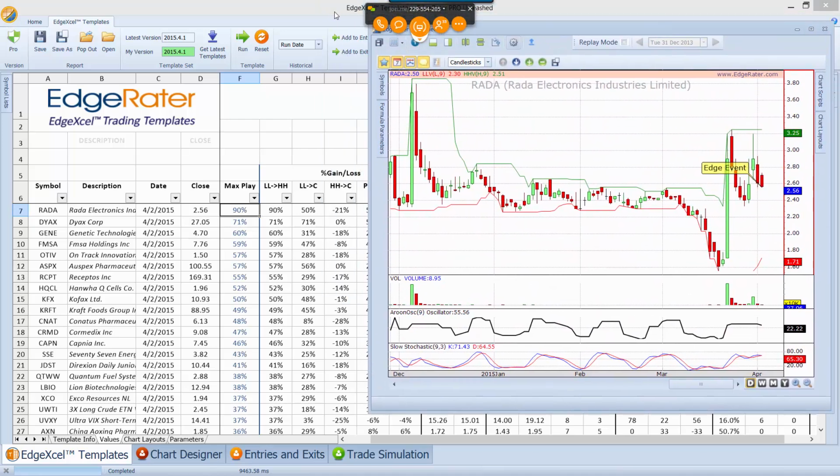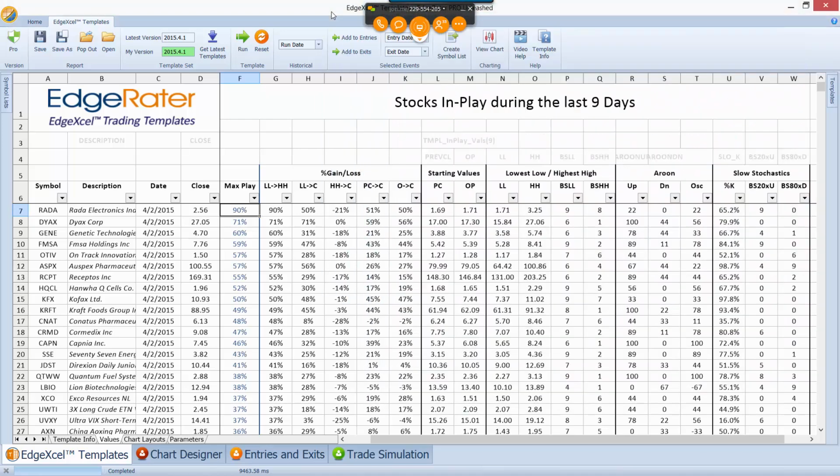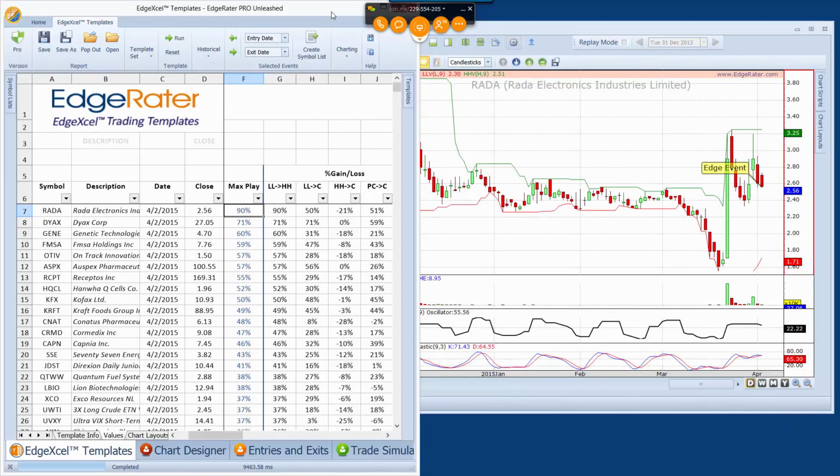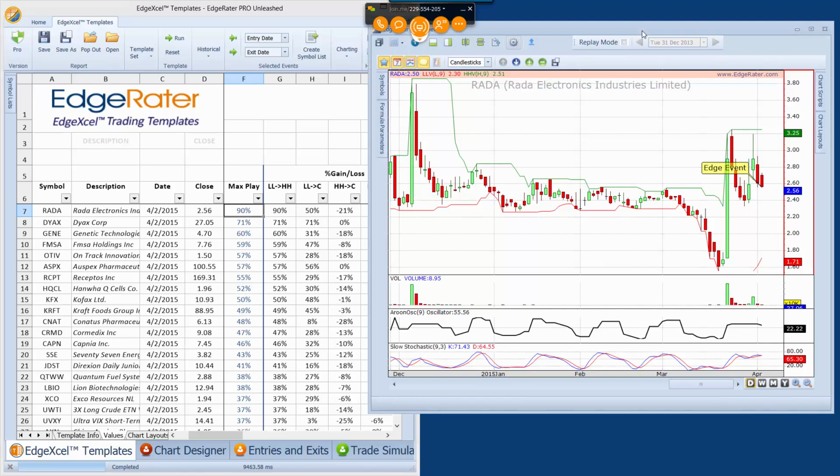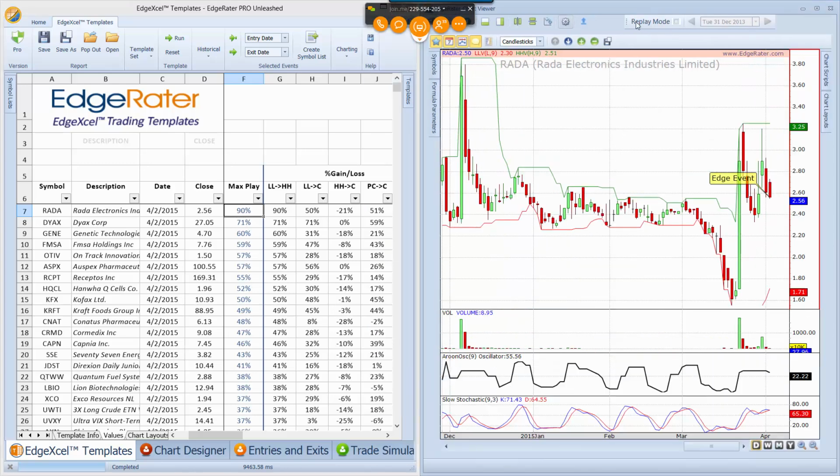If I'm looking at charts and the spreadsheet together, most people have more than one monitor, and I certainly do here. But for the purposes of this webinar, I can't really show all of the monitors together. So what I'll do is put the spreadsheet next to the chart and arrange it in that way.